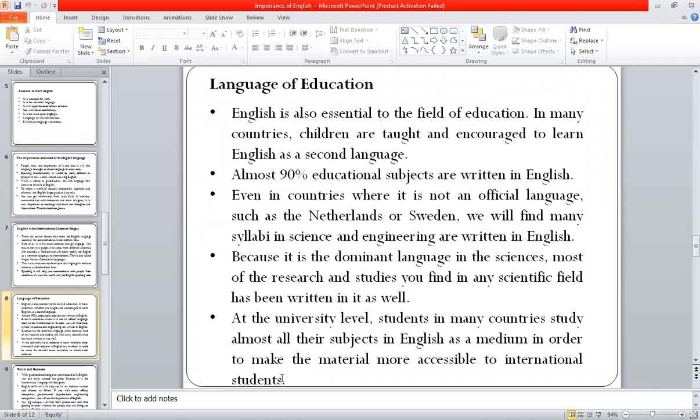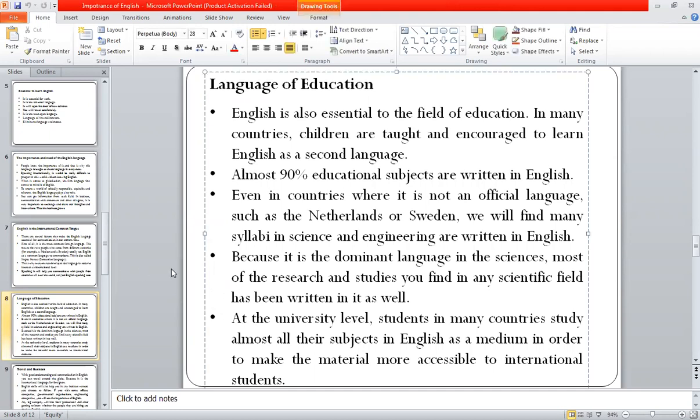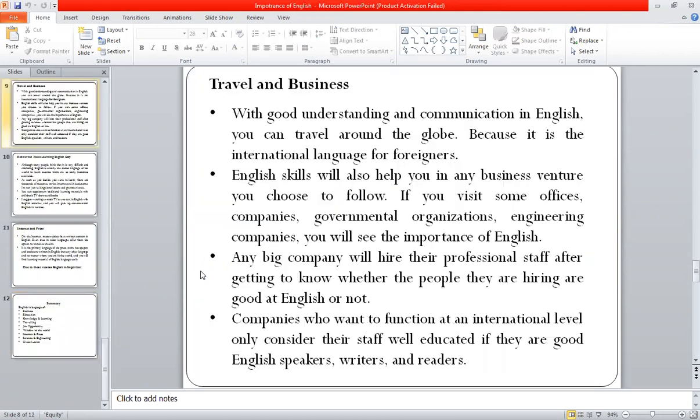And for getting access to the study material, this becomes possible only because of this language of education, that is English. So this is also one of the important points that we have studied.